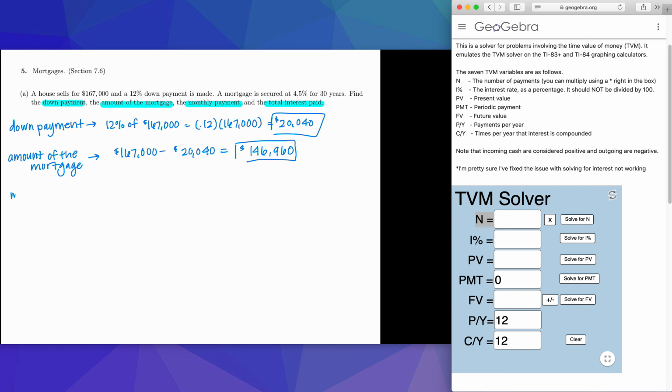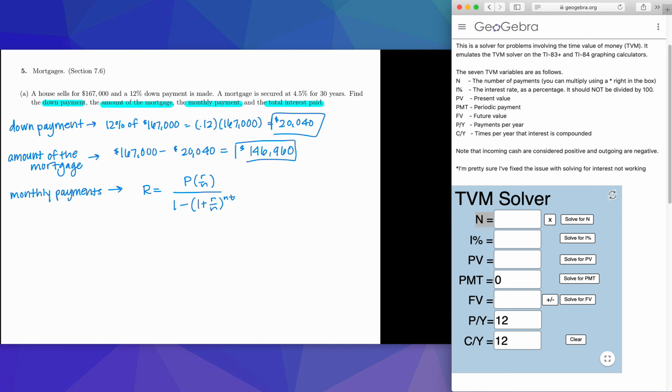To find the monthly payments, we have a couple options here. One is to use the formula from the book, which tells us that R equals the principal times R over N over 1 minus 1 plus R over N to the NT.